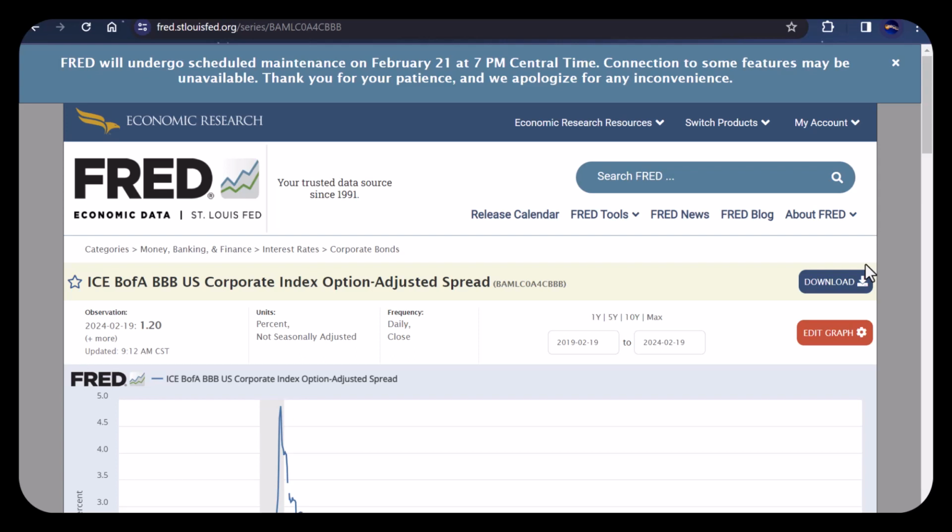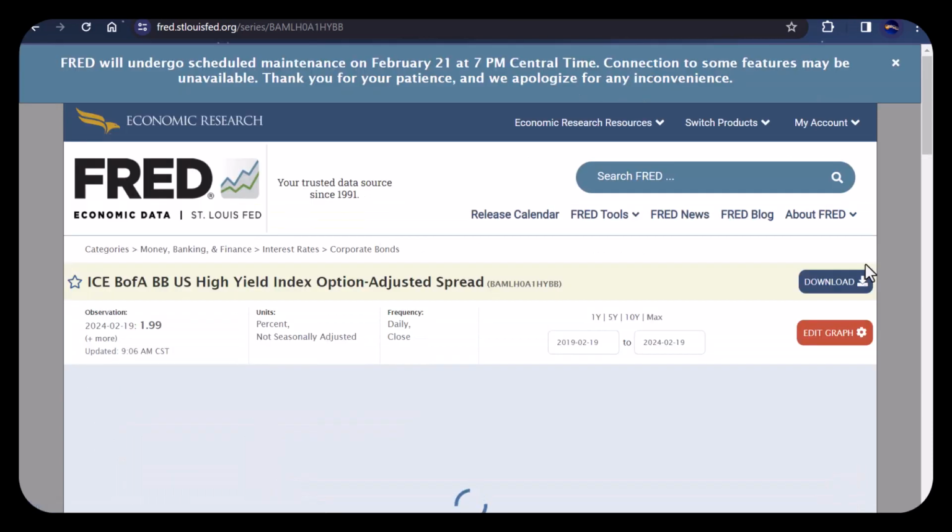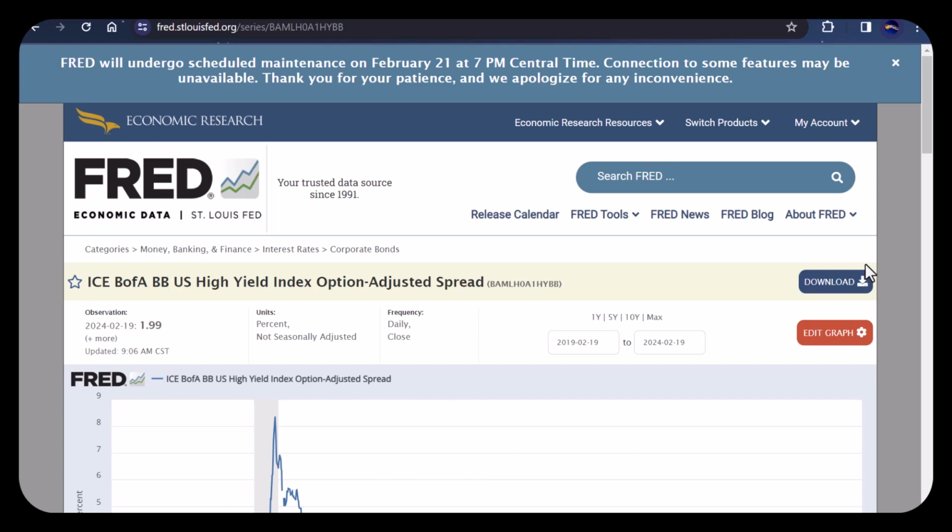That's 329, about 330 difference. High quality junk bonds, double B, that's 199. Okay, and these are pretty low historically speaking. So our 491 over here.